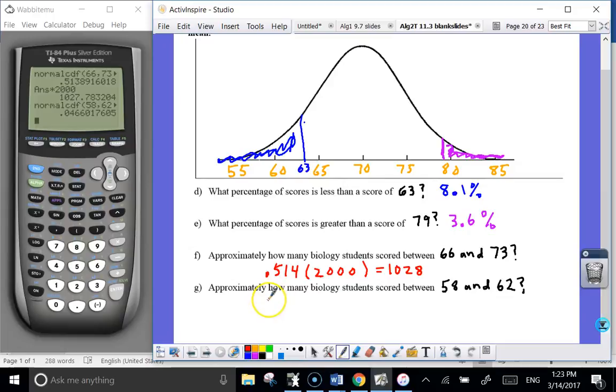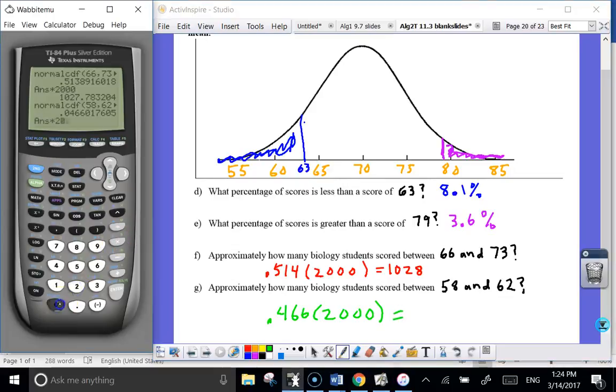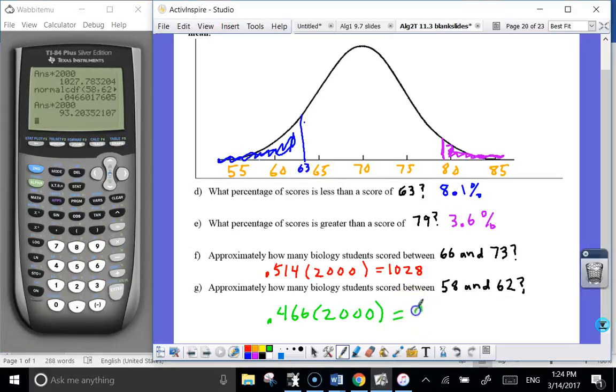So I need to change colors again. 0.466 times 2,000 is 93.2, which we'll round to the nearest student, 93. So be aware if they're asking you for the number of students, or the percents, or the probabilities, you know, slightly different questions.